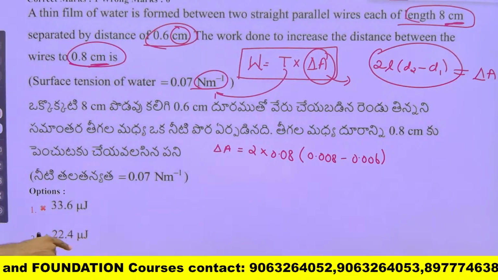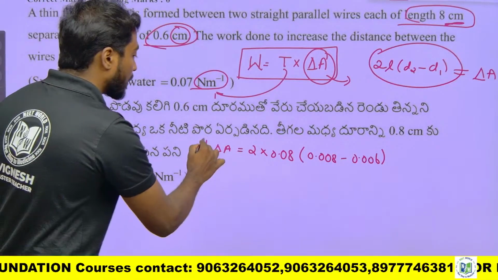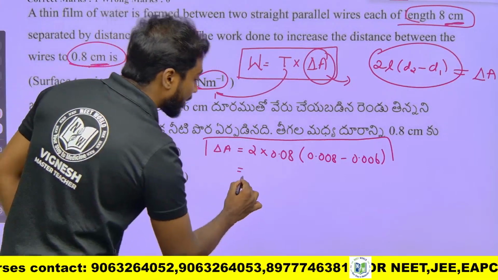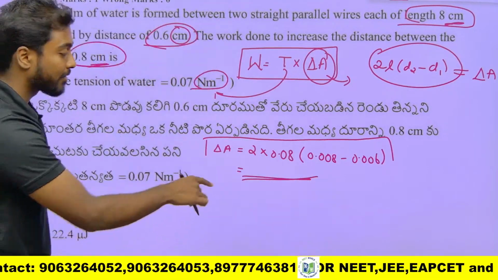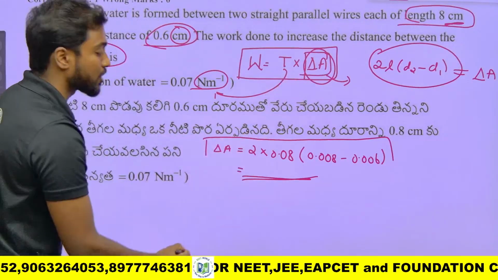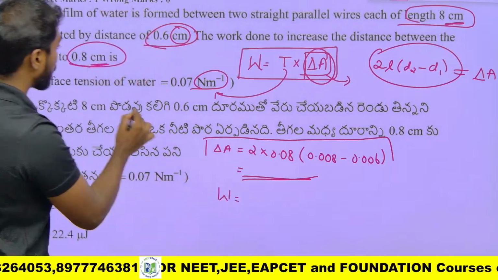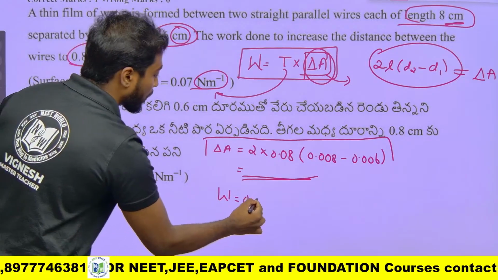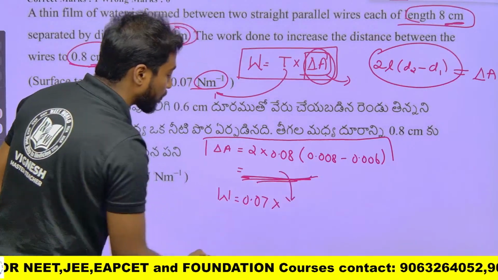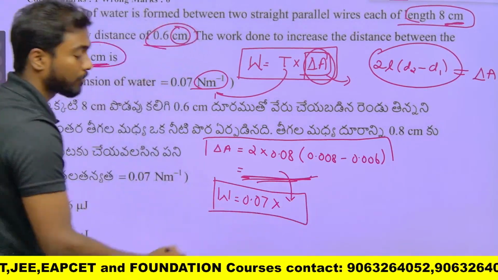This is the equation for the change in area. I will calculate the change in area, and then substitute that answer in W equals tension, which is given as 0.07, into whatever answer I get here. So I will get the work done, that is it.